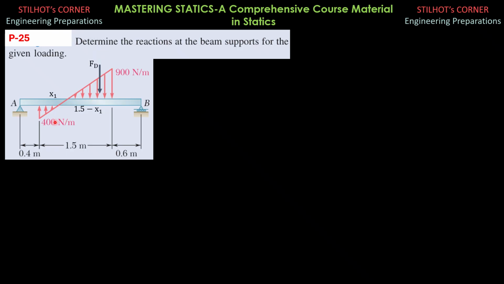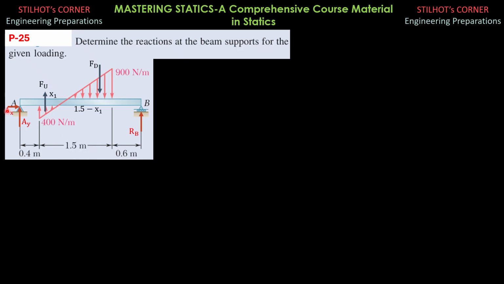This is FD, that's F upper. And for the reactions at A, we have AX and AY. At B, there's only one because this is a roller support. And this is again a problem in equilibrium because the loadings are supported by this beam. So naturally, this beam remains in equilibrium.